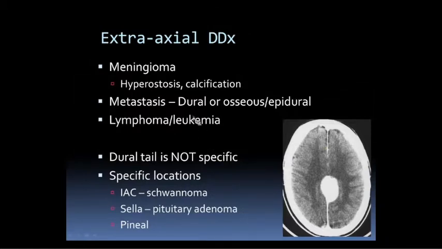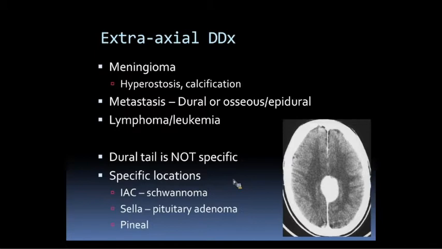But if you see an extra-axial mass like this, it's enough to say that this is probably either a meningioma, a dural met, or much less commonly lymphoma or leukemia based on the dura. That gives you already a very good picture of what this could be. Remember, this is a dural tail that we described before. It's not specific for meningioma, but it does help you know that this is a dural-based mass.